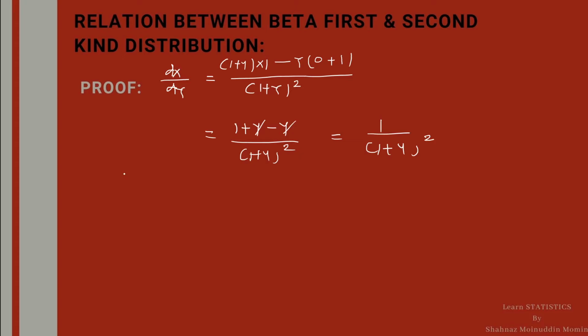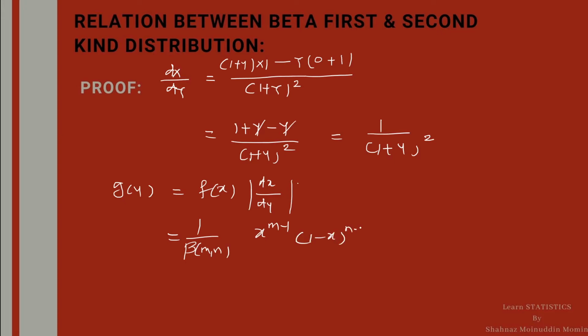Hence the PDF of y is given by g of y is equal to f of x multiplied by the absolute value of dx upon dy. By substituting the values of PDF and dx by dy, we get 1 upon beta m n, x raised to m minus 1 multiplied by 1 minus x raised to n minus 1 into the absolute value of 1 upon 1 plus y bracket square.